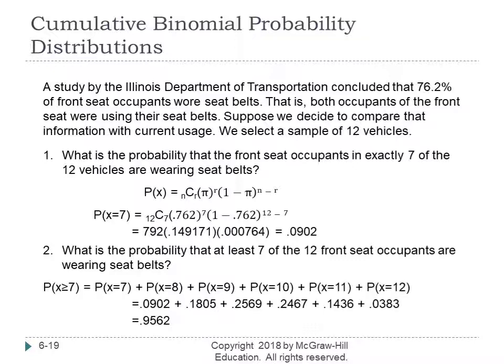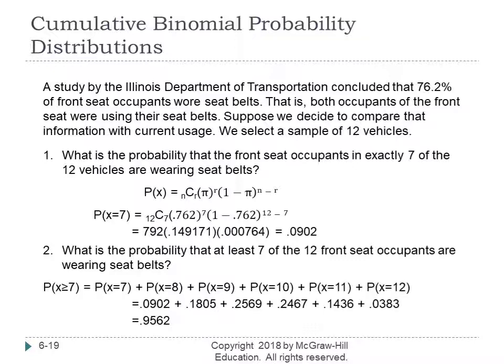What that percentage means, 76.2, is actually a probability. If you select a car at random, the probability that both front seat occupants are wearing seat belts is 0.762.